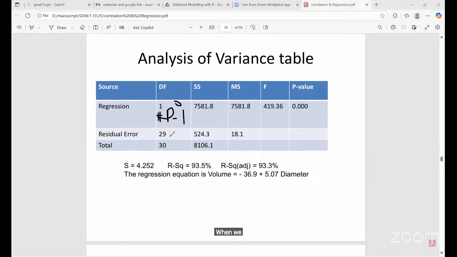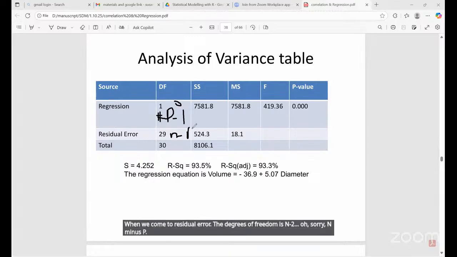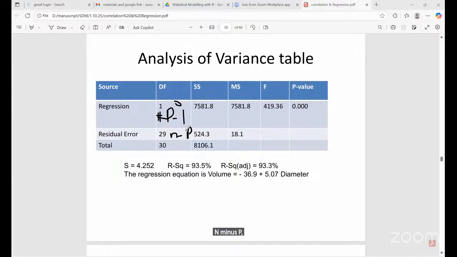When we come to residual error, the degrees of freedom is n minus p, where p is the number of parameters in the model. The total degrees of freedom is equal to n minus 1.